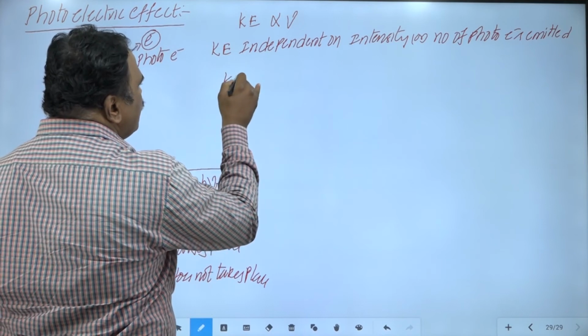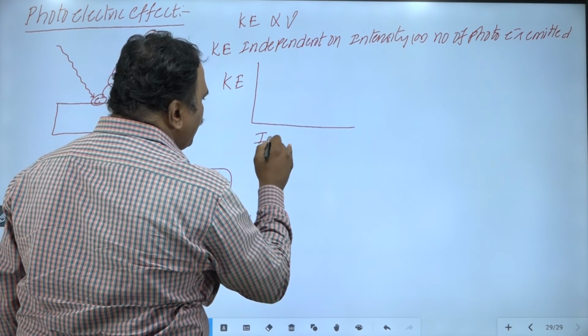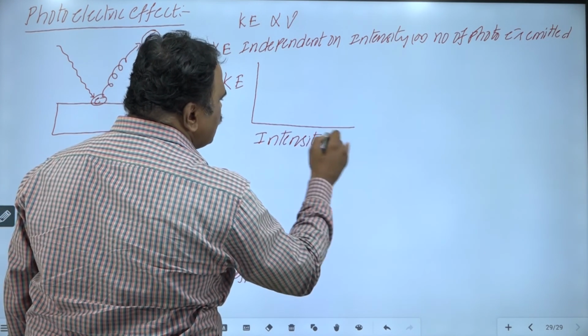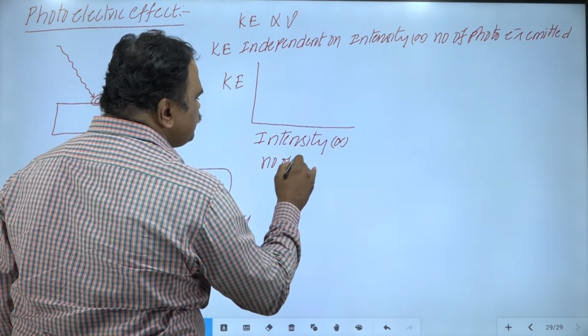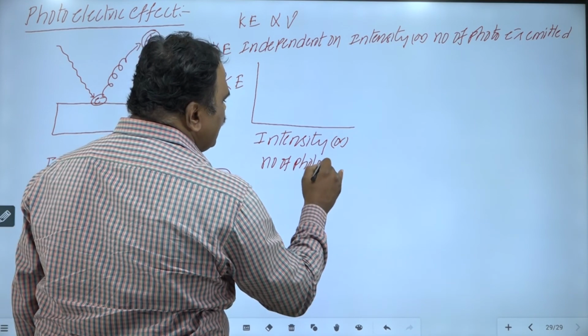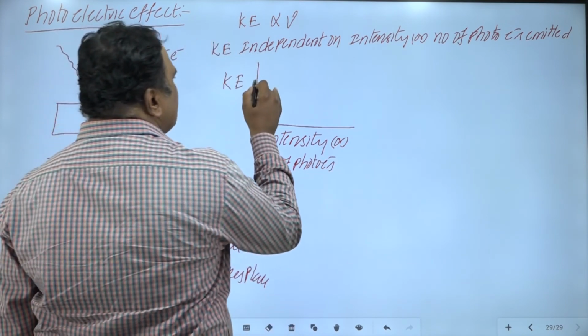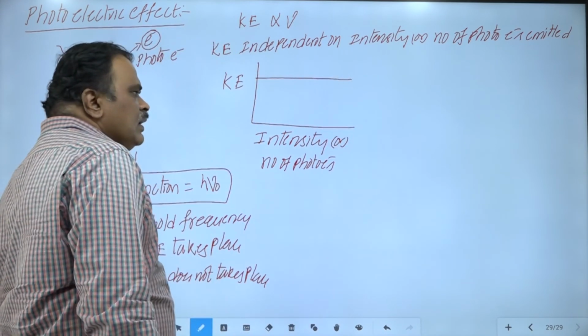A graph drawn between kinetic energy versus intensity of radiation, or number of photoelectrons emitted, or photoelectric current, gives a straight line which is parallel to the intensity axis.